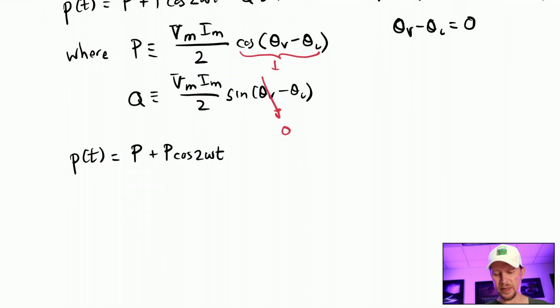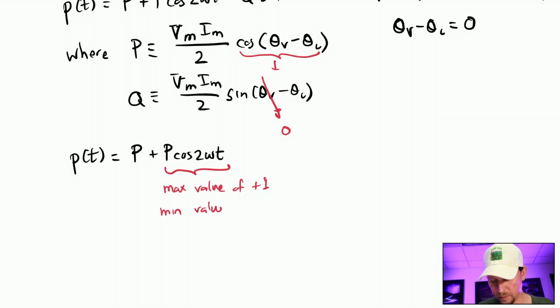On top of that, notice that this is time dependent. As the cosine goes through its cycle, this term has a maximum value of +1 and a minimum value of -1. This also means that the maximum value for p is P plus P, or 2P.